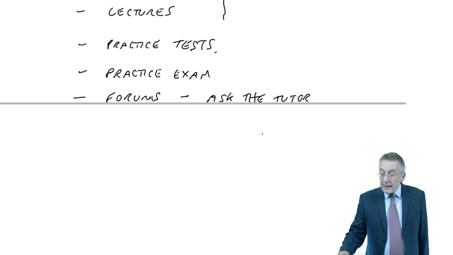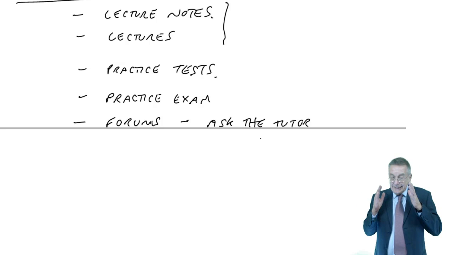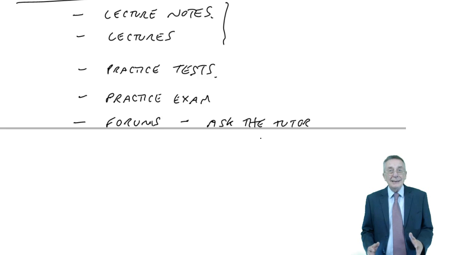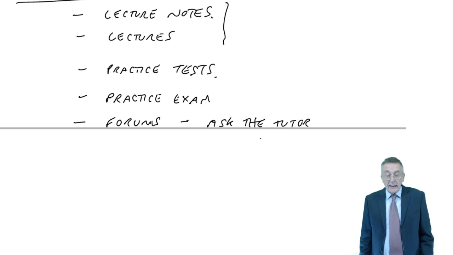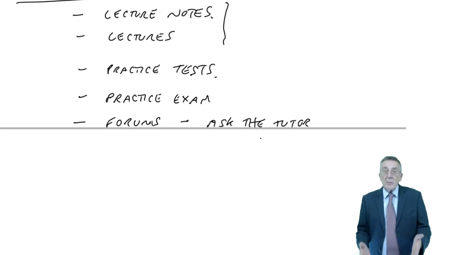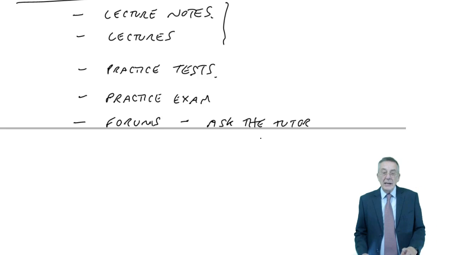Finally, although that's what we offer on the website and that's all free and it does cover more than enough to be able to pass the exam well, what is absolutely vital for passing F9 is question practice. Now, okay, we've got these practice tests, we've got the practice exam, but the more questions you practice, the better.